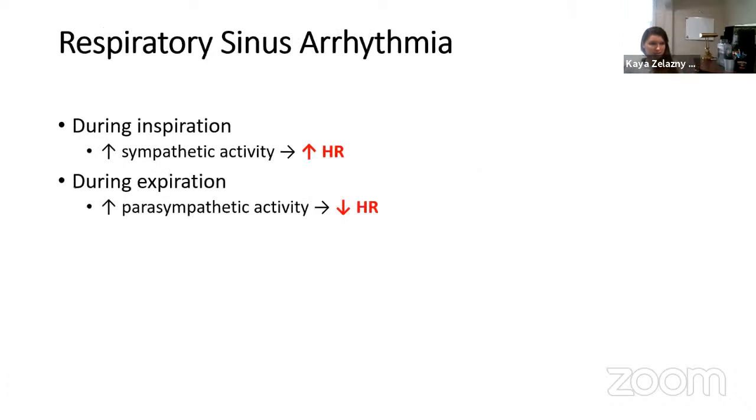One neat one is called respiratory sinus arrhythmia, which is that your heart rate actually changes as you breathe in and breathe out due to increase in sympathetic activity as you breathe in and increase in parasympathetic activity, aka relaxation, when you breathe out. So this means that you would see changes in your blood pressure as you're breathing in and breathing out, which is why you want people sitting calmly, breathing evenly when you're taking people's blood pressure, right?